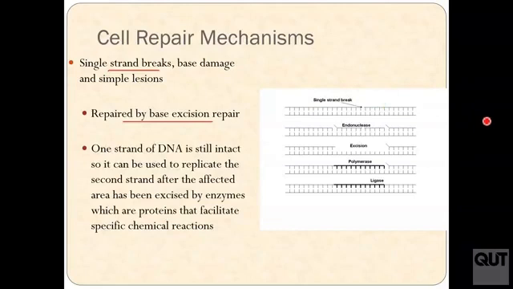So basically we have a break here, and the cell chops out all of the bits around there. We've got one strand down the bottom here, which is still okay, so it'll use this strand to duplicate the other side of the DNA and just paste it back in. So it's cut and paste.